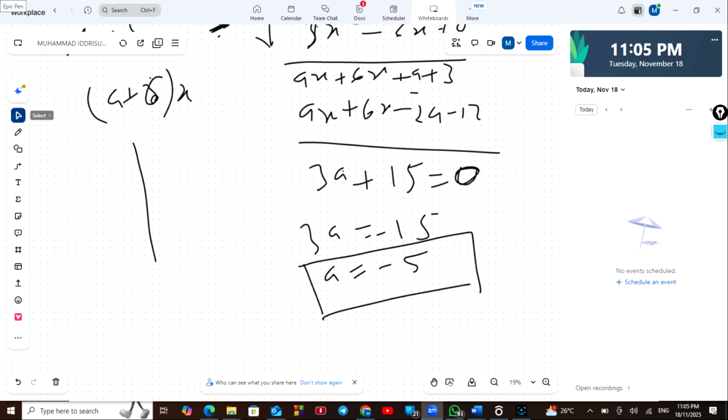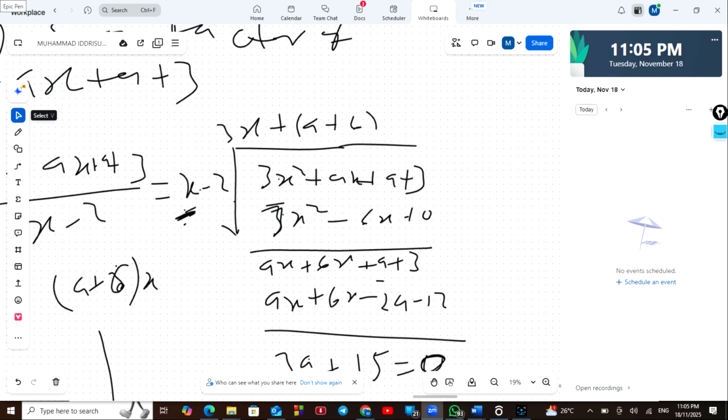So now we also know our quotient. Let me go to the quotient. A is now negative 5, so negative 5 plus 6 will give you positive 1, so we have 3x plus 1 as the quotient.